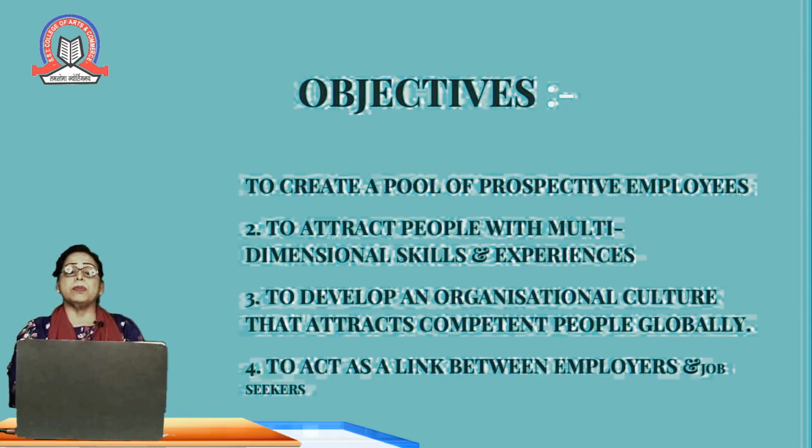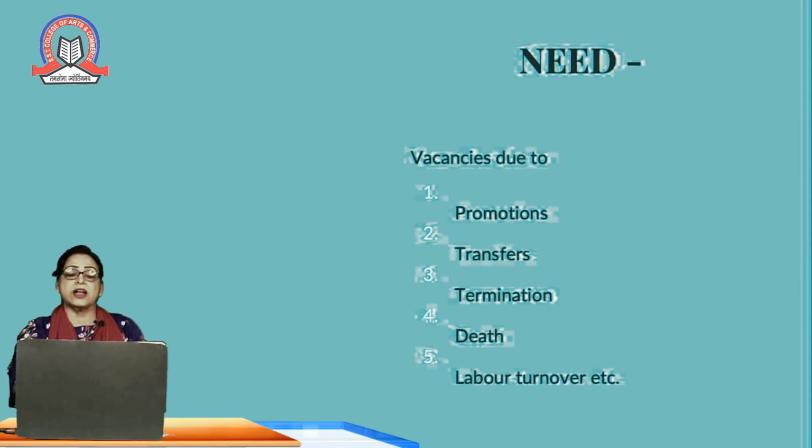Third is to develop an organization culture that attracts competent people globally. Fourth is to act as a link between employees and job seekers. There is always a herd of job seekers, as well as employers who are seeking employees. How to get connected with each other, recruitment does that.